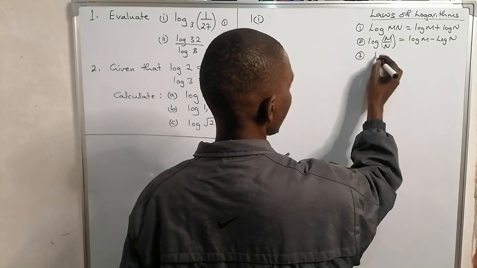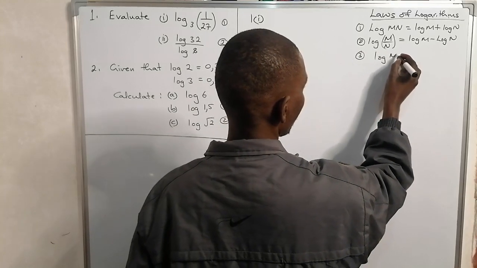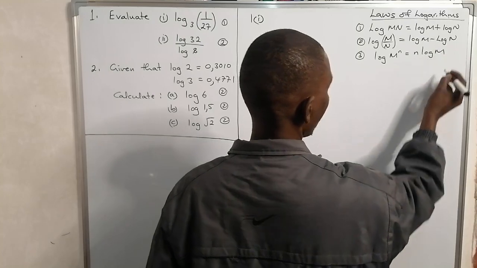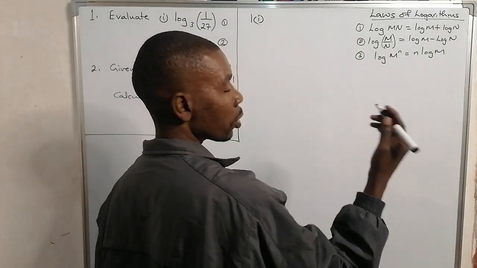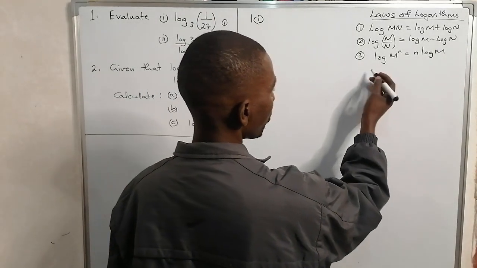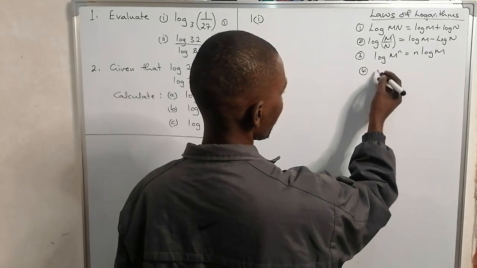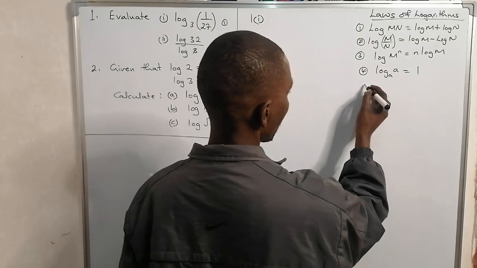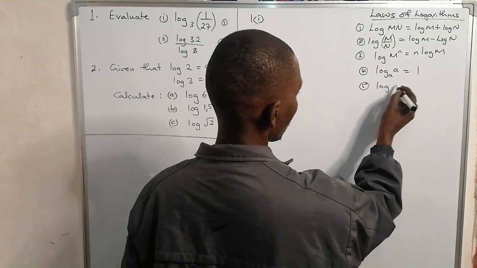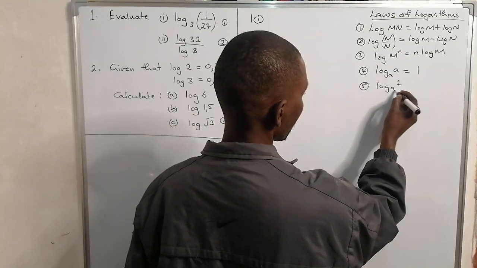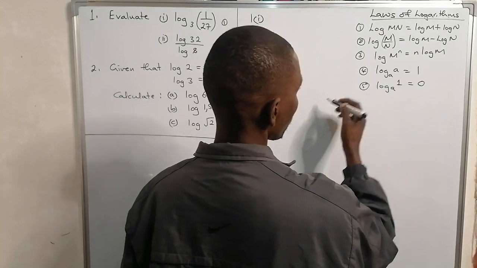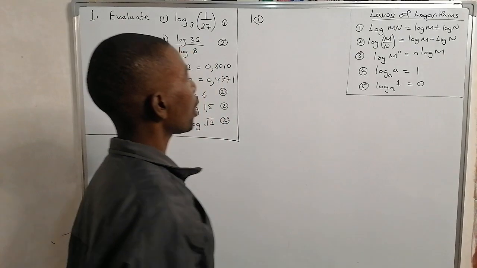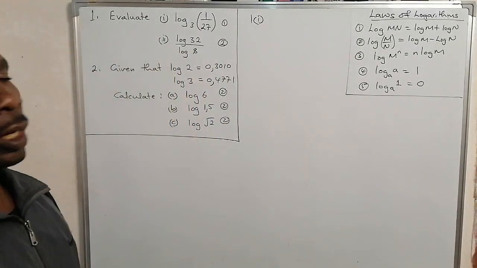Then number 3, log m to the power n is equal to n log m. Then we can also use other properties. Number 4, log a base a is equal to 1. Then number 5, log 1 base a is equal to 0. So these are the laws that we want to use to simplify these logarithms.